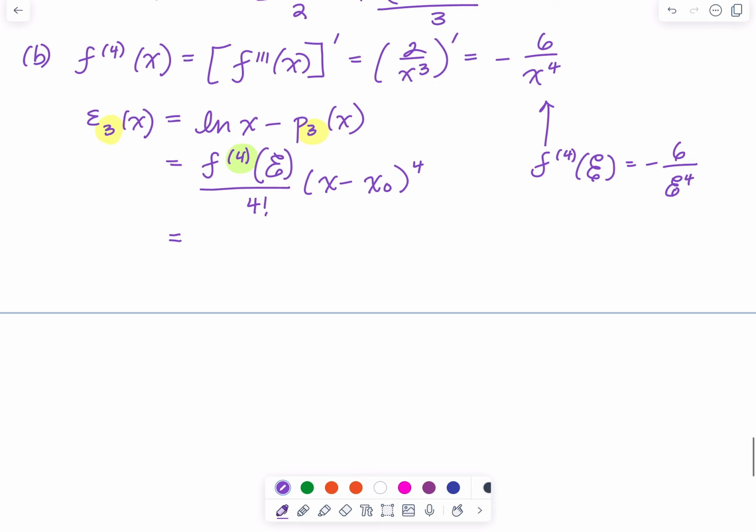We have a negative 6 divided by 4 factorial, which is 24. And here we'll have our xi to the fourth power.